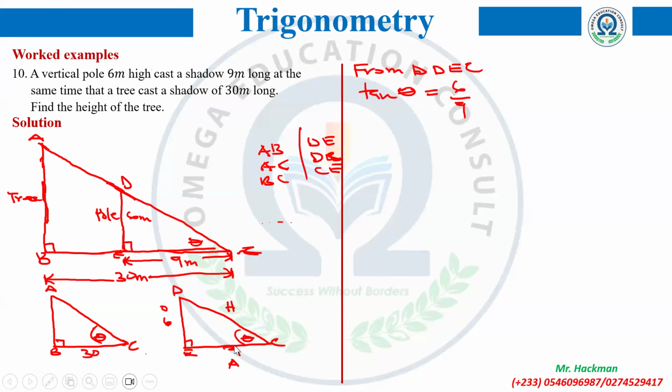I know my opposite and I know my adjacent. If you go for cos, you have one unknown and one known. If you go for sine, it also involves one known and one unknown. But I can form a trig ratio that involves two knowns, and that will be tan, because opposite over adjacent.